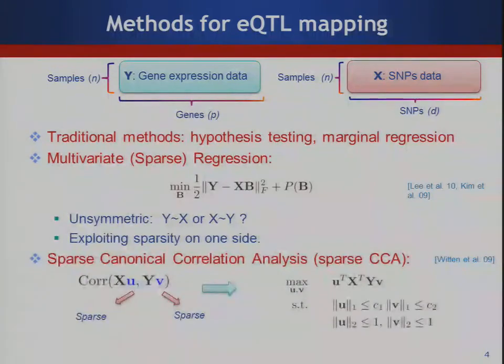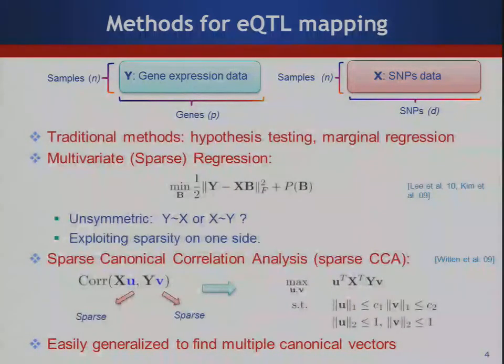With a bit of relaxation, we can formulate this problem as follows: you maximize the product between XU and YV, and since you want U and V to be sparse, you put the L1 norm on U and V. In the original CCA, the constraints are that the L2 norm of U equals 1 and the L2 norm of V equals 1. However, constraining on the boundary makes this non-convex and the optimization very hard. So we relax it a bit to just less than or equal to 1.